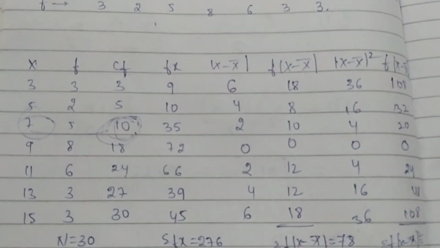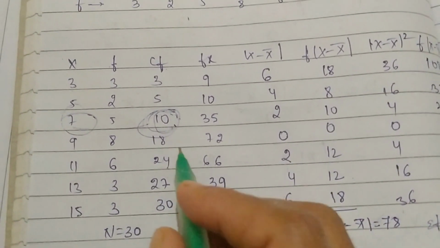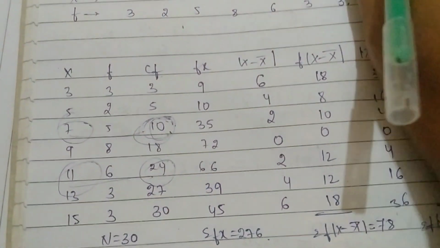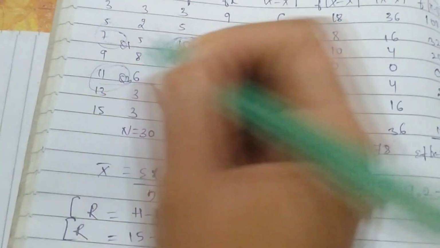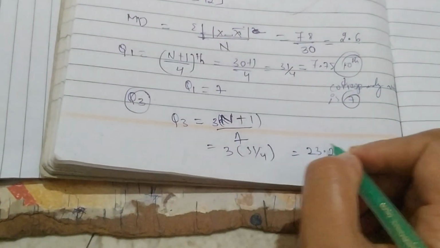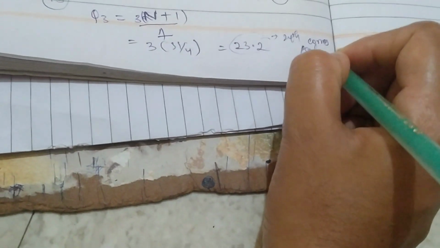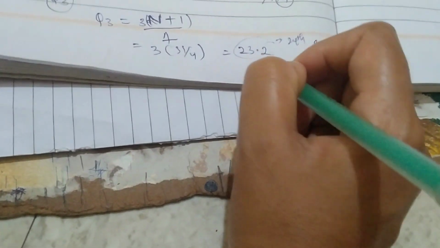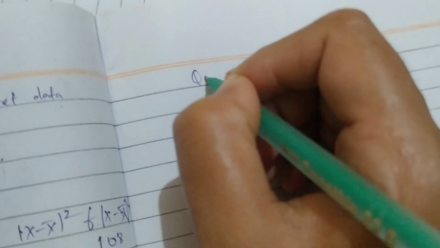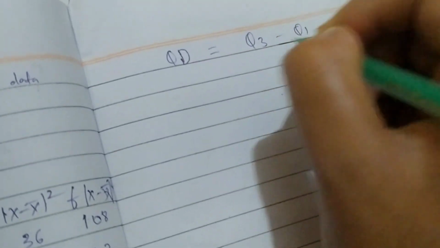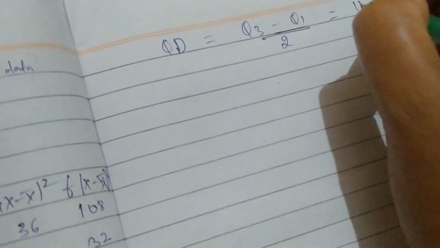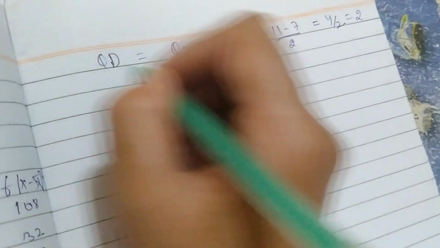We don't have 23.2, but we have the 24th corresponding value, which is 11. So this is our Q3. Now we have Q1 and Q3, so quartile deviation is equal to Q3 minus Q1 divided by 2. So we have 11 minus 7 divided by 2, which is 4 by 2, so we have a quartile deviation of 2.